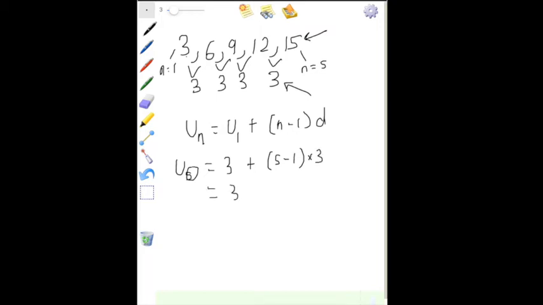So that is 3 plus 4 times 3, put that in brackets, which is 3 plus 12, which is equal to 15. And yeah, that's how the formula should work.